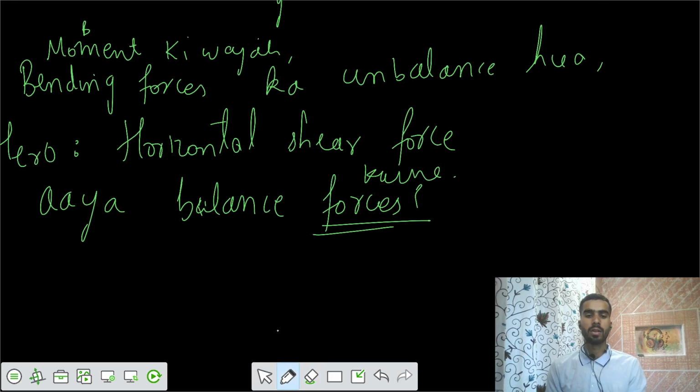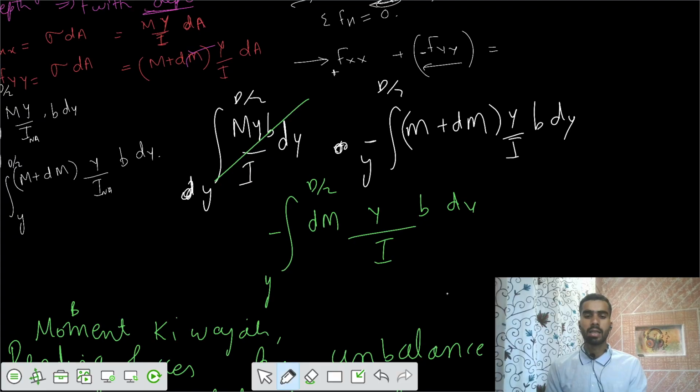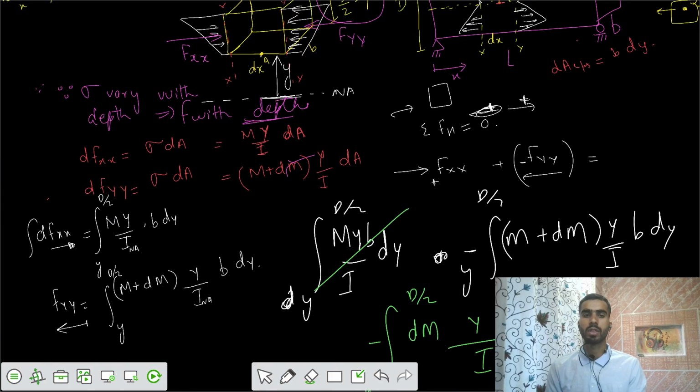Let's call that horizontal force F shear. So we know that the net value of these forces is in this direction, so there should be some balancing force in the opposite direction.